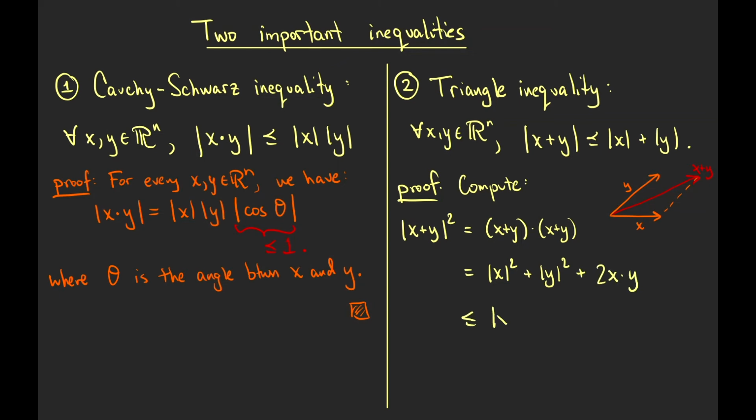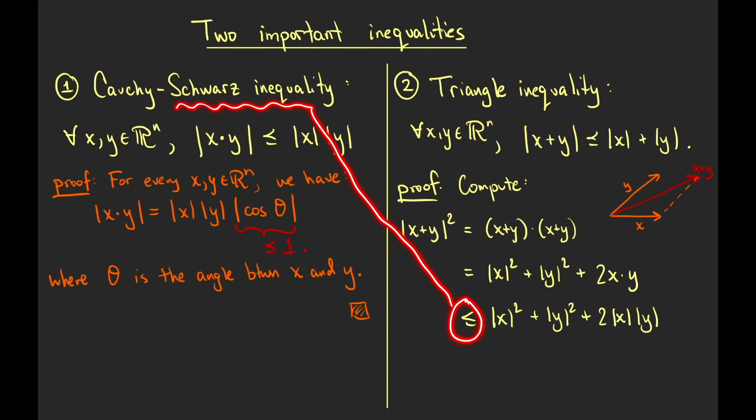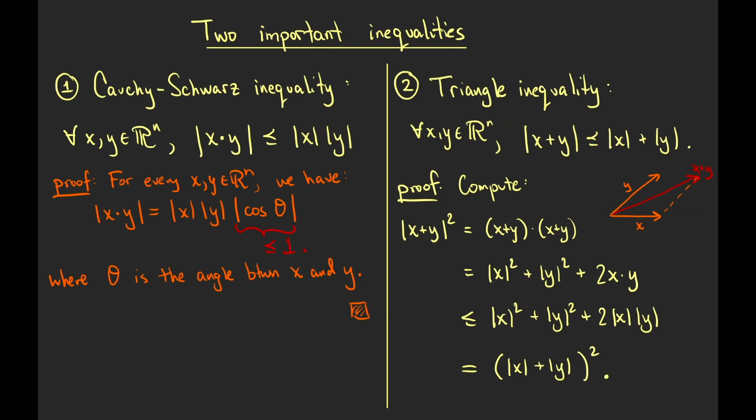And now we just use Cauchy-Schwarz on the third term, and we replace x dot y by length of x times length of y. And now we collect terms. And notice that the whole expression is equal to the square of the length of x plus the length of y. If we take the square root of both sides, we have the triangle inequality. So that's the end of the proof.